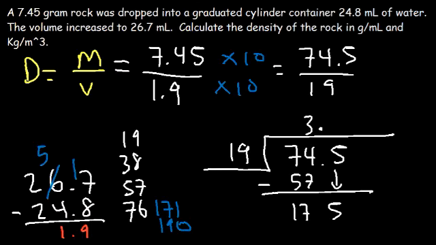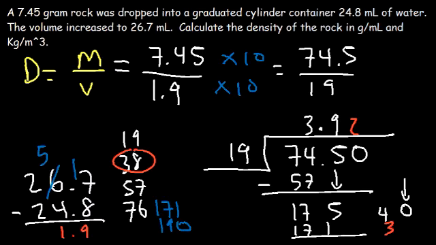And so we have 4 remaining. So I'm just going to put the 4 here because I'm out of space. And let's add a 0. So how many times does 19 go into 40? Well, 19 goes into 40 at least 2 times. And that's going to be 38 with a 2 remaining. And I think at this point this is good enough. And so we can see that the density is about 3.92 grams per milliliter.